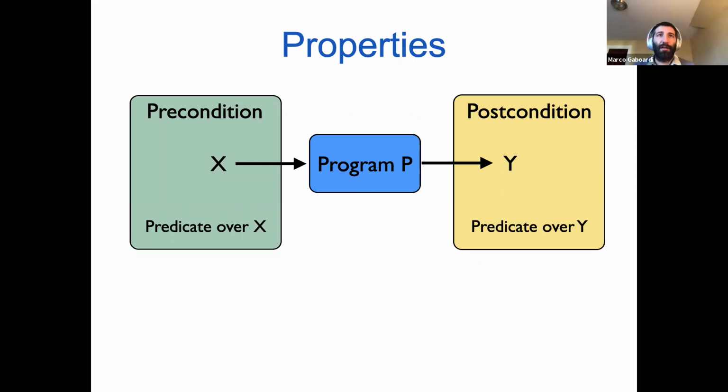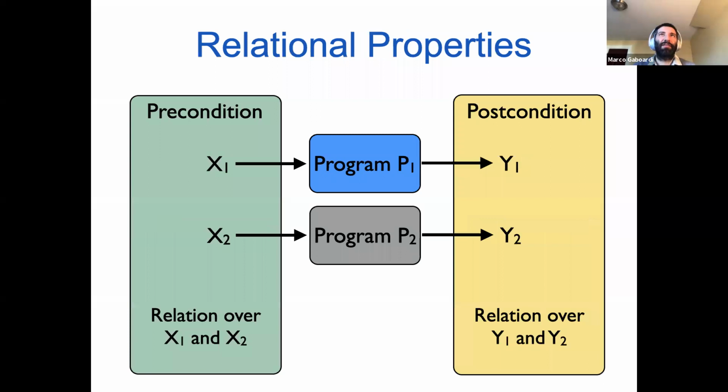Now, in particular, we are also interested in relational properties, and so we also will use relational thinking, which you can think of as very similar to what I said before, reasoning about precondition, program, and postcondition, except that now we have two programs. You can think also about the case where these two programs are the same as a special case.